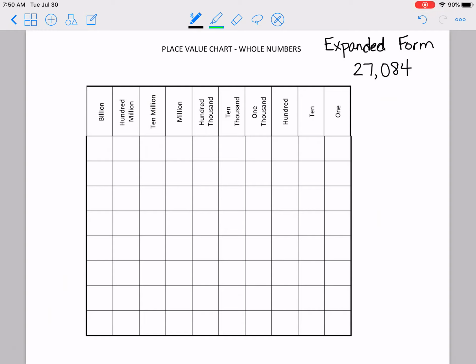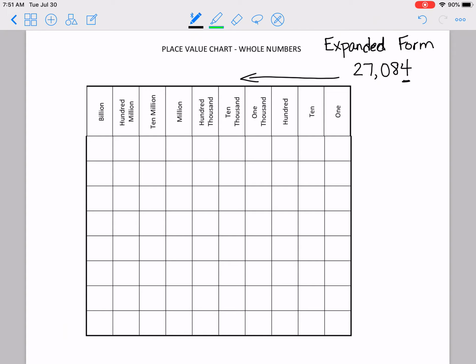So again, I'm going to take my number and place it on the place value chart. Now, if I'm really struggling with my place values, which digit goes where, I can actually start at the smallest value, the 4, and fill in moving from the right to the left.